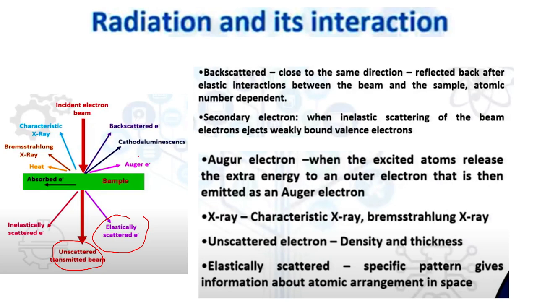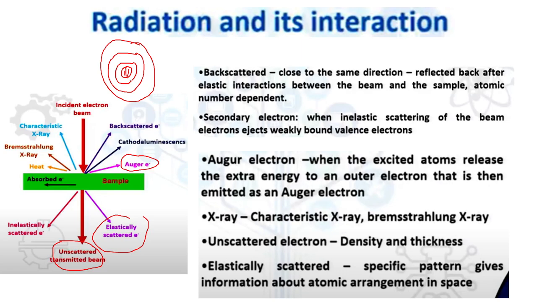The third one, which is also very important, is the Auger electron. So what is the Auger electron? Let's say this is the nucleus, this is the first shell, this is the second shell, this is the third shell.